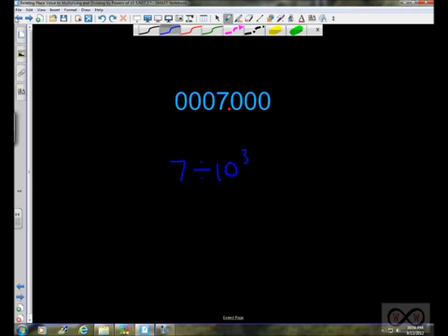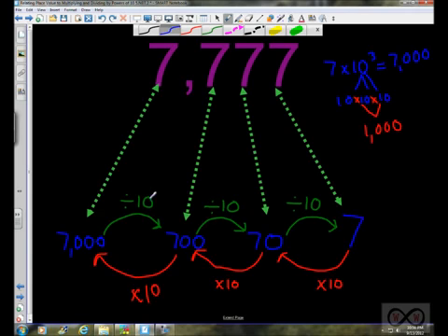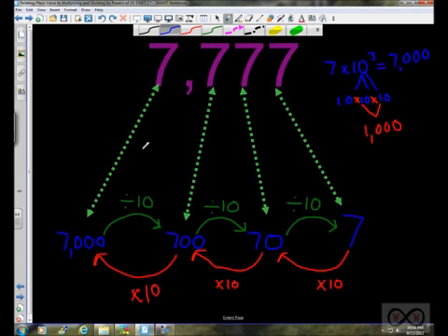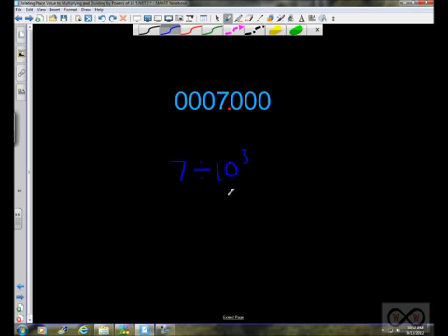And we noticed that as you divide by a power of 10, moving to the right, you're decreasing by 1/10. If you were to look at the hundreds place, the hundreds place is really 1/10 of the value of the thousands place. So you're decreasing in value.